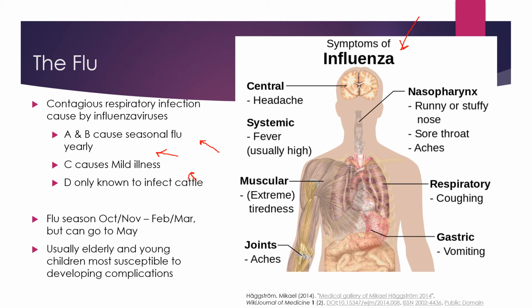Try to prevent the effects of this virus. Even in those years where scientists make the wrong guess as to which influenza virus will be circulating during flu season, having a flu shot can help reduce the severity of your signs and symptoms and can help prevent the more serious complications that come from influenza infections.